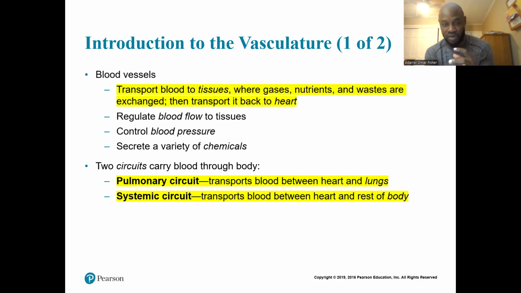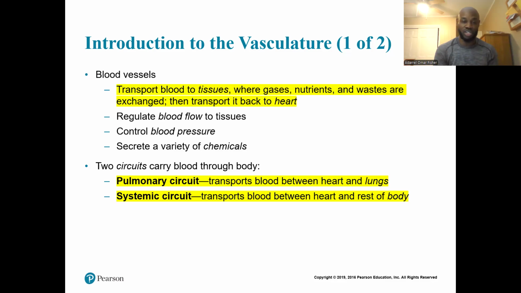So there's the pulmonary. Think of pulmonary, think of the lungs, and then there's the systemic, which is the heart. So pulmonary transports blood between the heart and the lungs. The systemic circuit transports blood between the heart and the rest of the body.